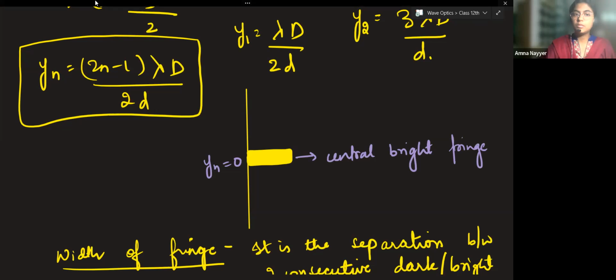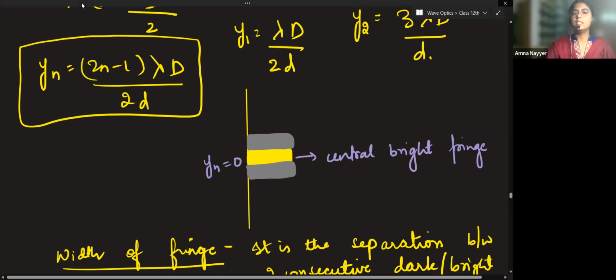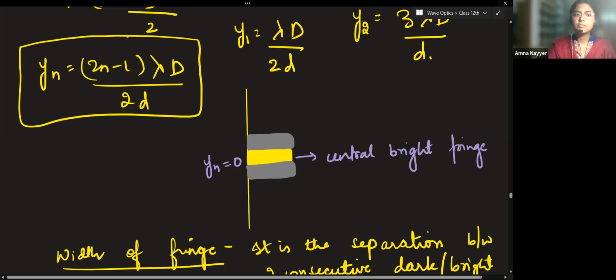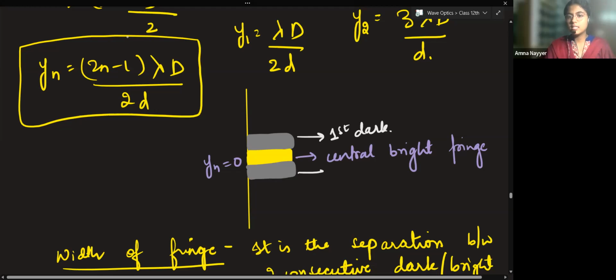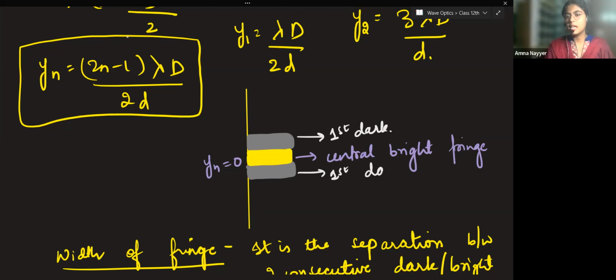Now what happens whenever Young's double slit experiment is conducted? After this very central bright fringe, a dark fringe is obtained. This is obtained on the lower side also. So what are these? This is known as the first dark fringe. This is also known as the first dark fringe.